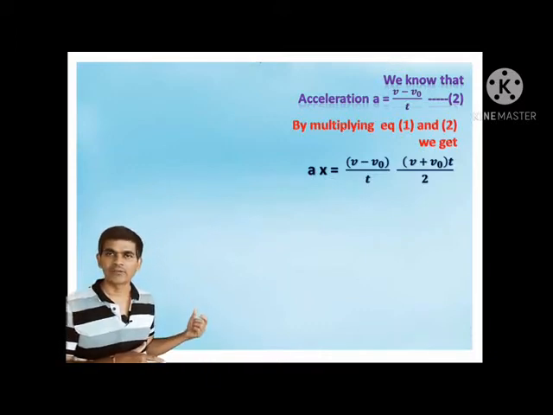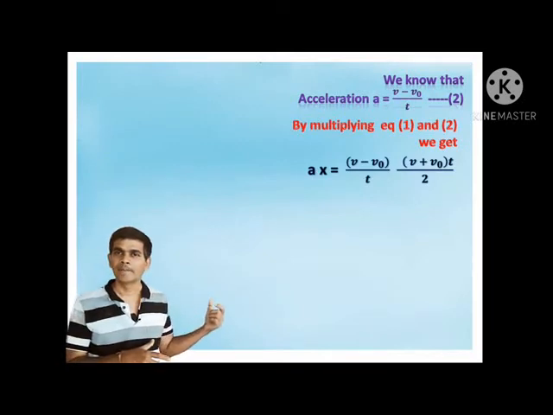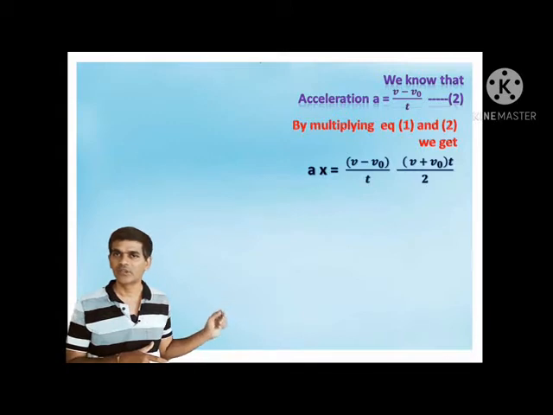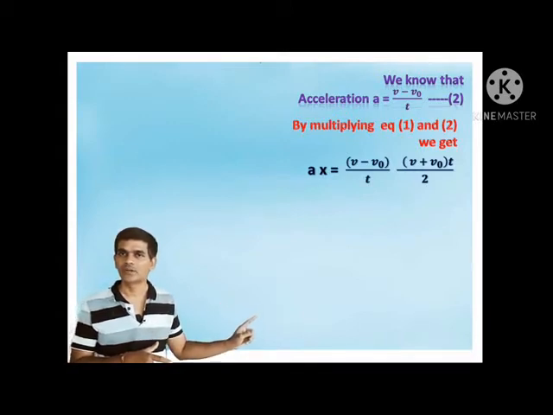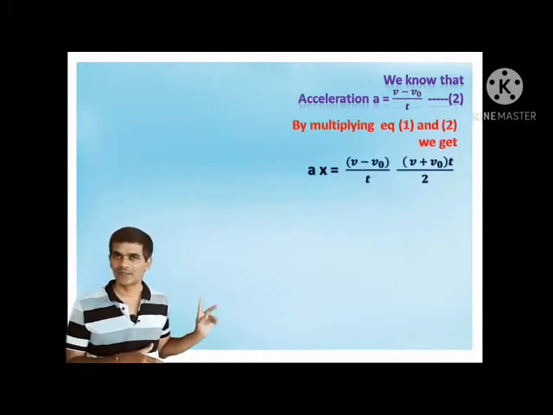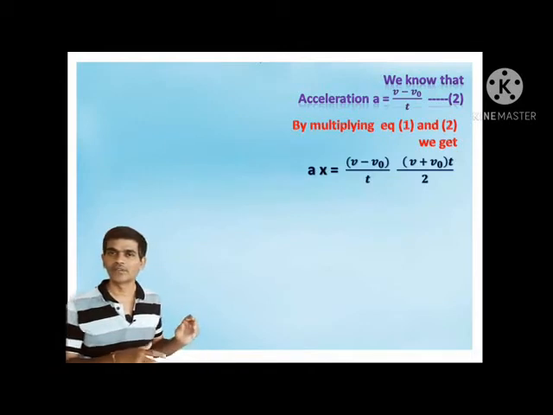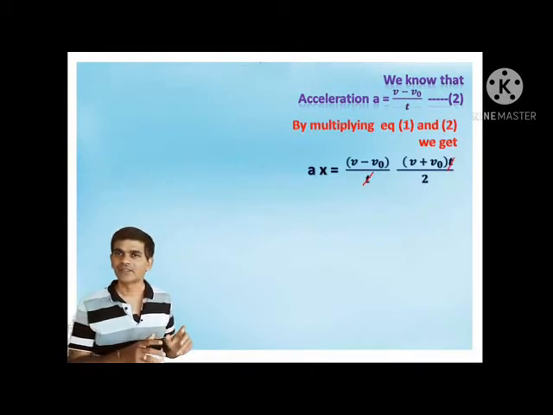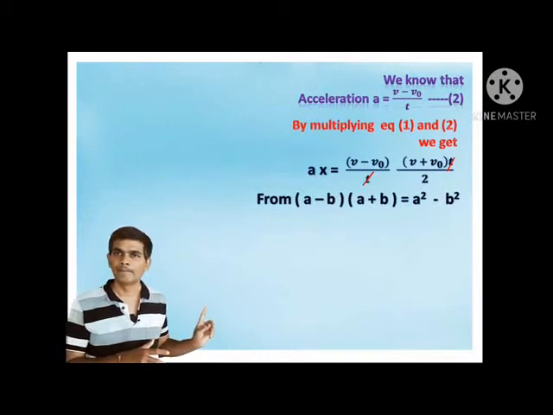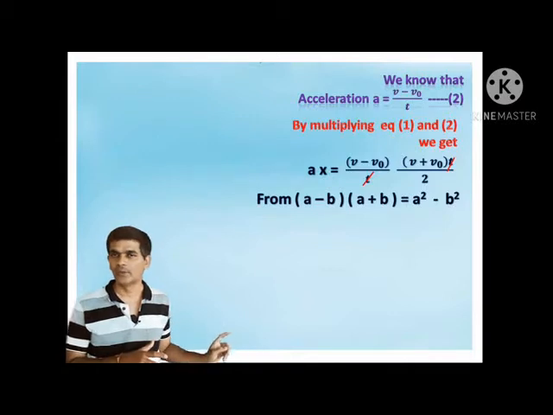Here we should look carefully: the v plus v naught into t divided by 2, that t is in the numerator, into v minus v naught divided by t, t is the denominator, so those two t's get cancelled. Then what is left here is that ax is equal to v minus v naught into v plus v naught divided by 2.